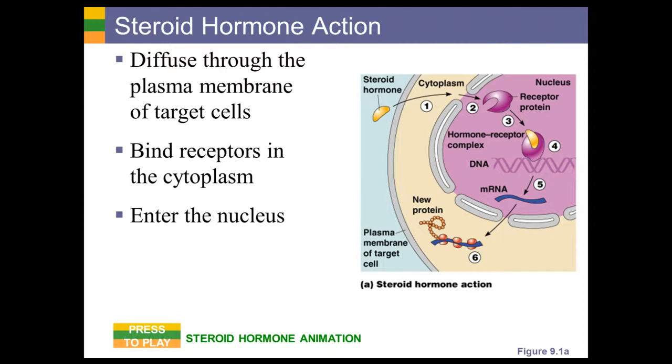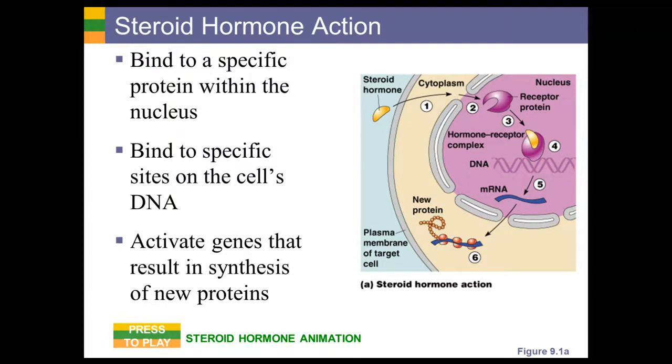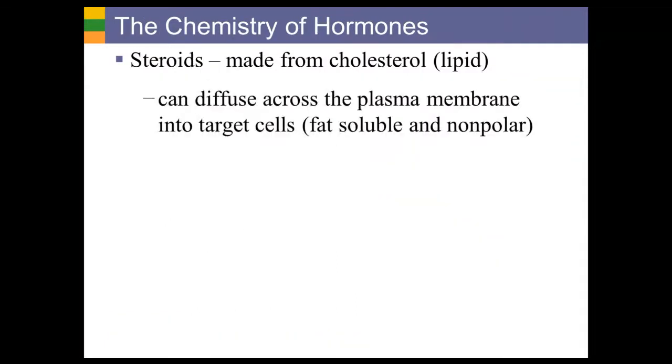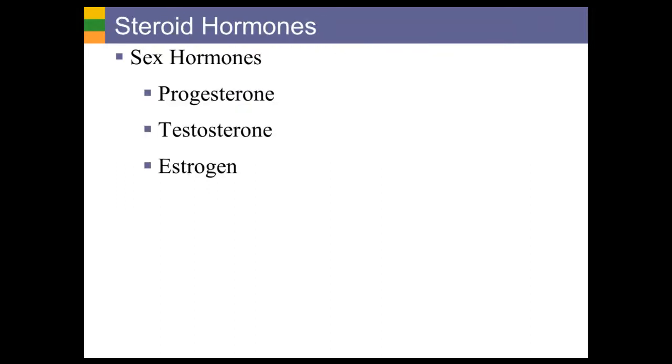Now, for all of the hormones, or most of the hormones that we're going to talk about, you have to know their mechanism of action, how they work. All of the steroid hormones work this way. They diffuse across the plasma membrane into the target cell, and they bind receptors inside the cell, and they turn on and turn off genes.